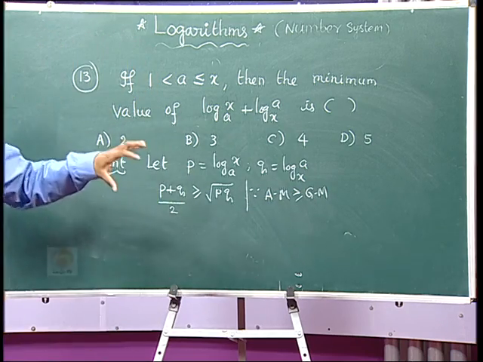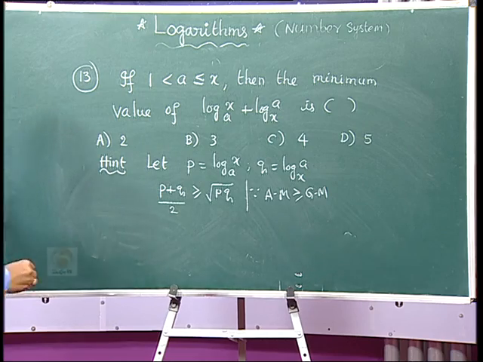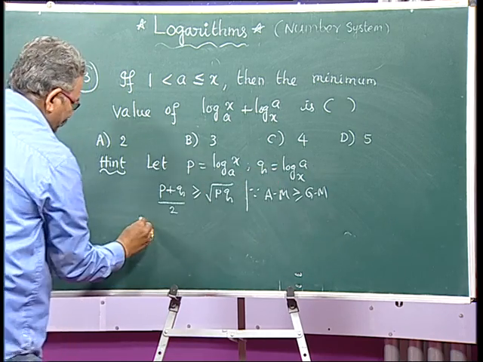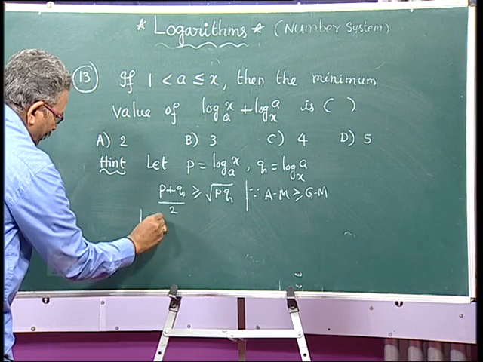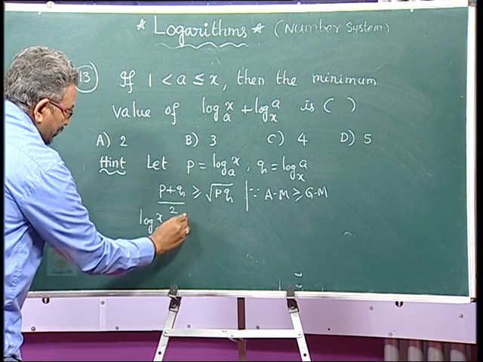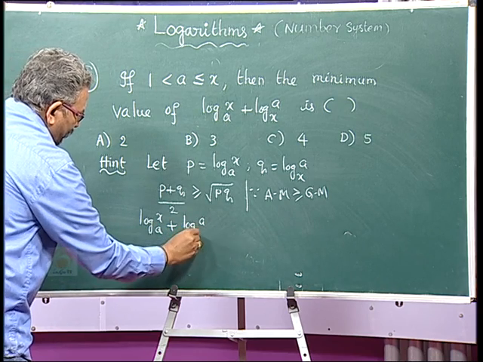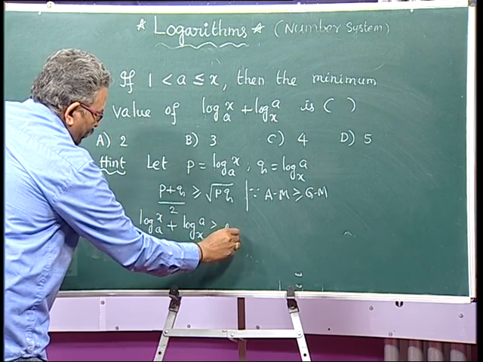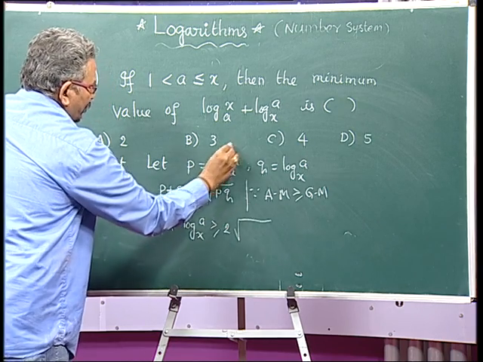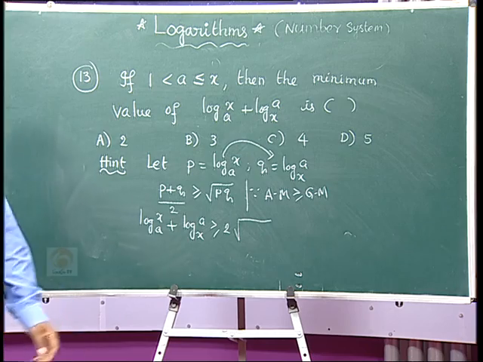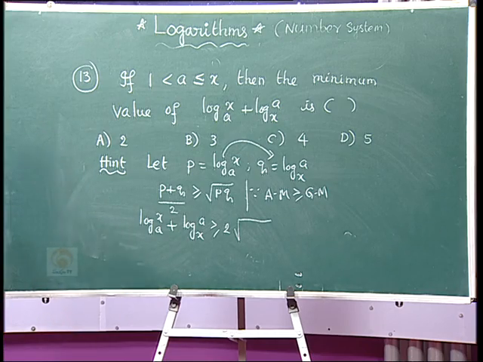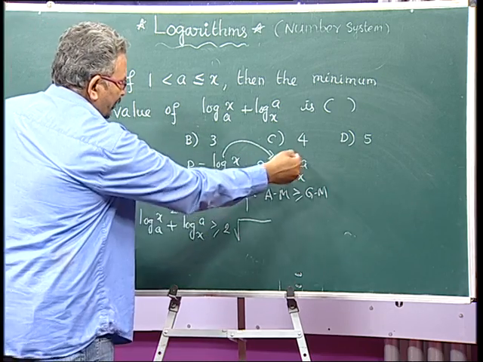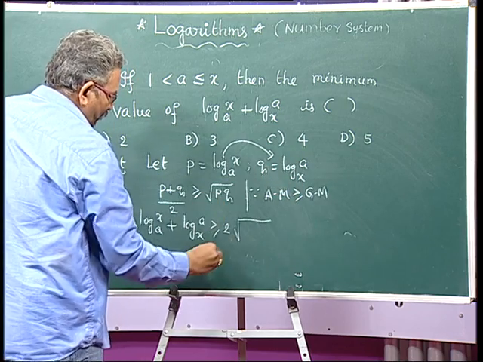P plus q means log x to the base a plus log a to the base x is greater than or equal to 2 root of p into q. If you multiply these two, what do you get? That is log x by log a times log a by log x, cancel, you get 1.